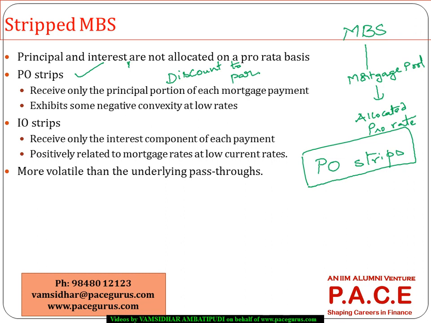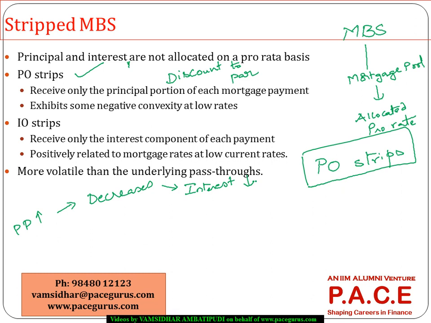Whereas when I talk about the IO strip, the interest only strip, if the prepayment rates are higher, the outstanding balance at the end of each month decreases. If the prepayments are higher, the outstanding balance at the beginning of each month decreases, which means the interest on it also decreases. So the IO strip will keep getting lesser amounts if the prepayment rates increase.